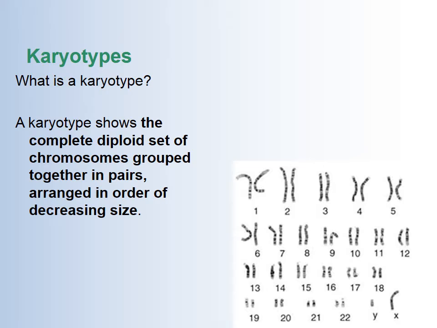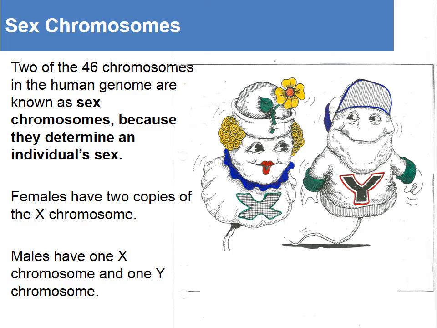So here's your definition of a karyotype. It's the complete diploid set of chromosomes that are grouped together in pairs and arranged in order of decreasing size. Now, as I said earlier, if humans have 46 chromosomes, 2 of those chromosomes are the sex chromosomes, and they determine an individual's sex.